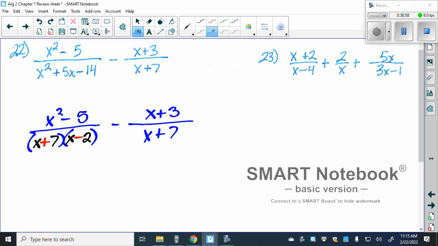Okay. Well, both denominators do have an x plus 7, yes? But the one on the left also has an x minus 2. So the one on the right needs an x minus 2. And we can multiply that on top and bottom.